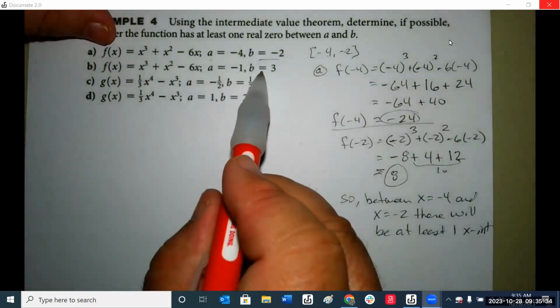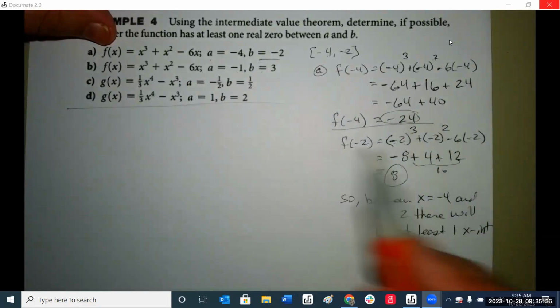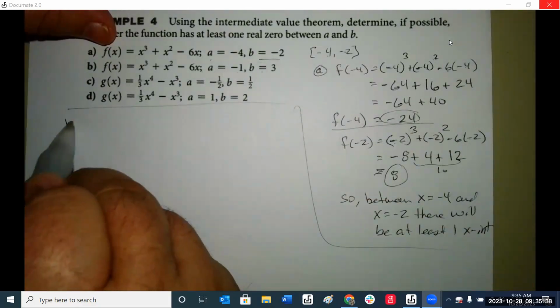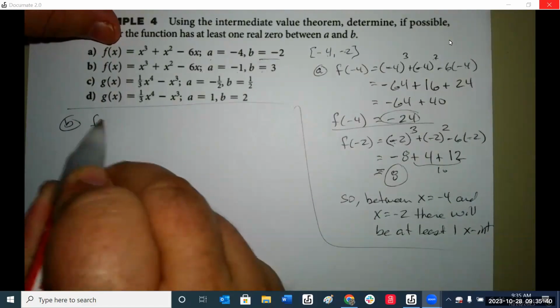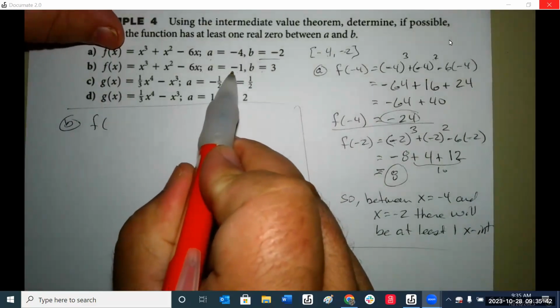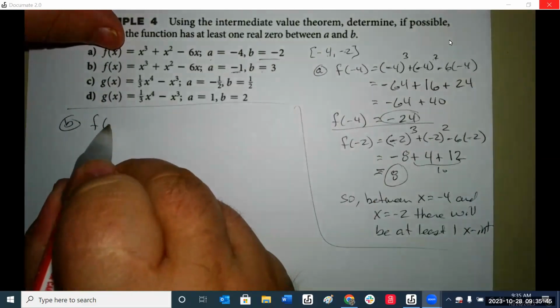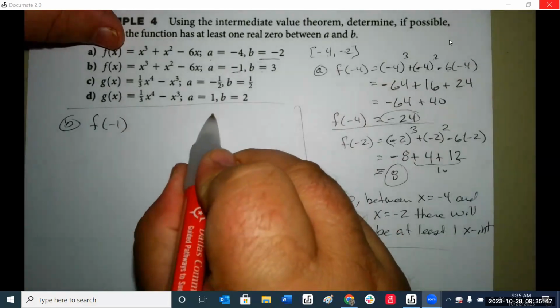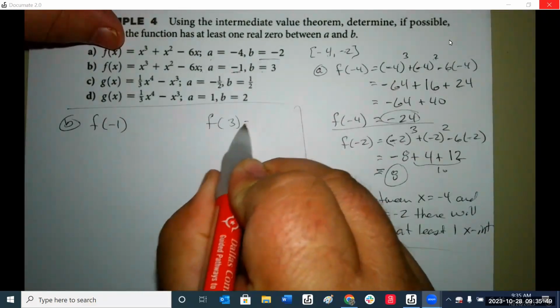Okay, same equation, but now different endpoints. We look at -1, and we look at 3.